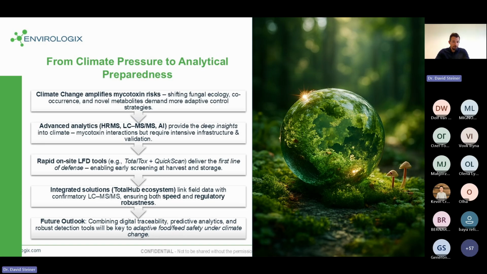Looking ahead, future scenarios include more frequent severe climate-driven contamination events, and by combining environmental monitoring with predictive analytics, as well as digital traceability and high-resolution detection tools, we can create a resilient, data-driven system that safeguards agriculture, protects public health, and ensures regulatory compliance. A true convergence of climate science, farming practices, and analytical chemistry.